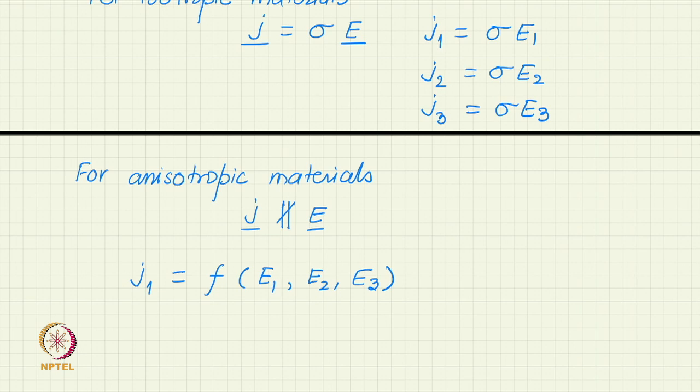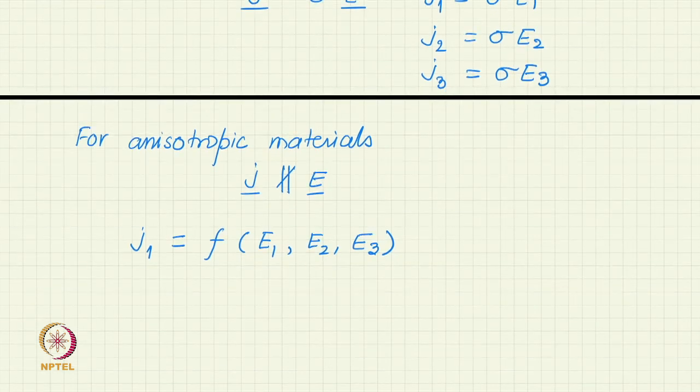What kind of function is this? Of course, the simplest function to assume is the linear case, which is the case most of the time for small fields and small current densities. So, we have the linear relation. So, J is linearly dependent upon E1, E2 and E3.